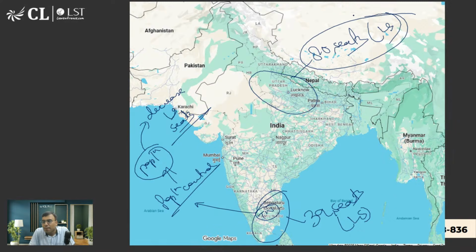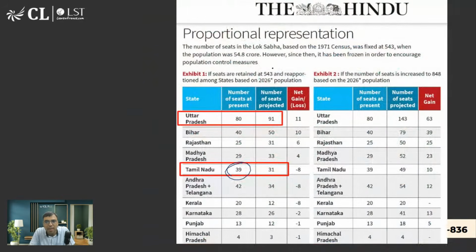And Uttar Pradesh comparatively is increasing, population is increasing, so that should get increased Lok Sabha seats. For example, if in 2026 roughly they have calculated that if this is implemented in future, UP's seats will increase from 80 to 91, and Tamil Nadu seats will decrease. So they have given an idea. अब इतना numbers नहीं याद रखना, but you should get an idea.